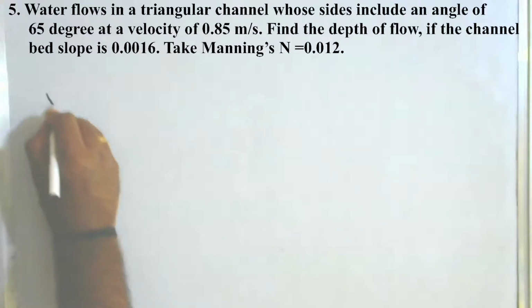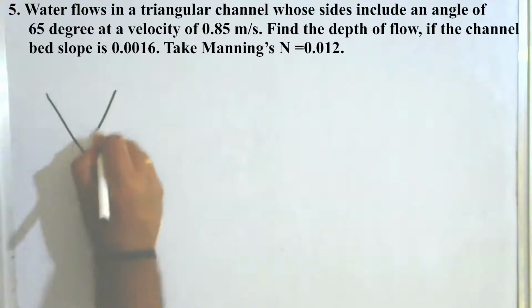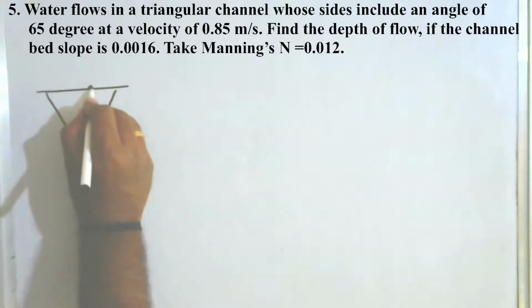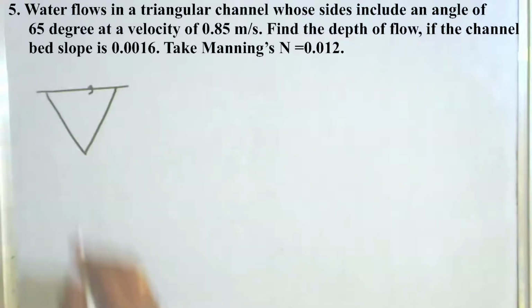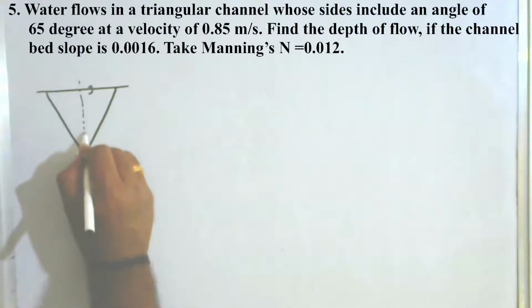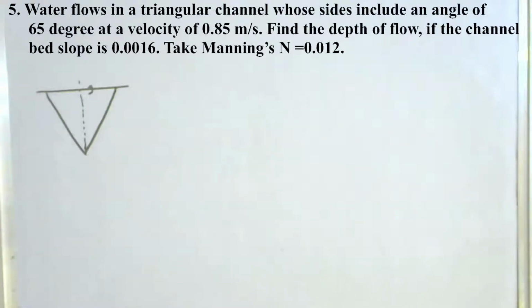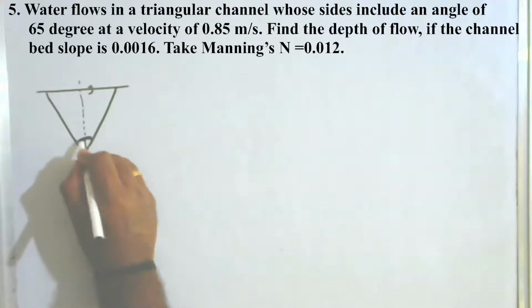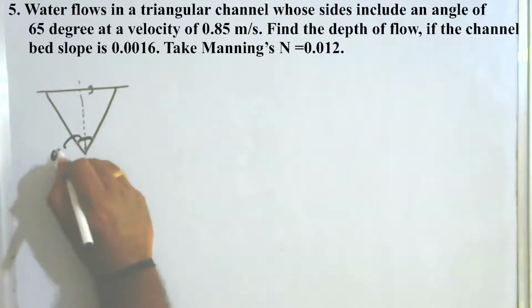So this is the triangular channel. This is the free surface of the water. So I'll divide this channel. The total angle he has given, included angle of 65 degree, is 65 degree here. This complete angle, I'll write here, it is 65 degree.